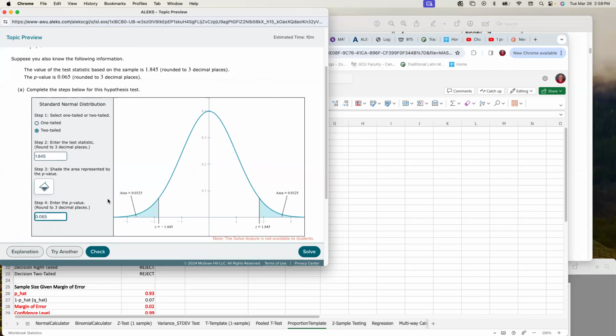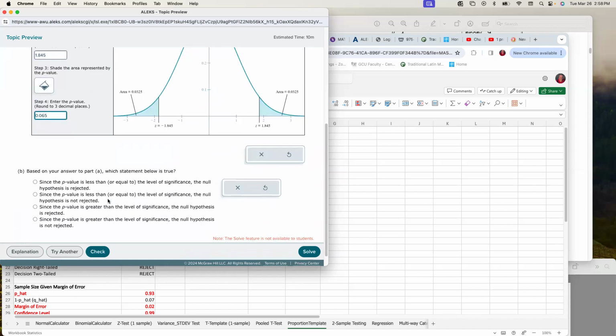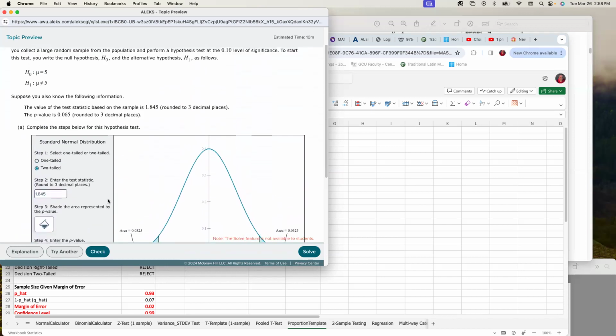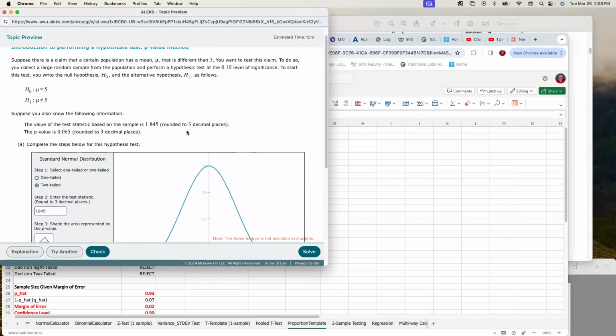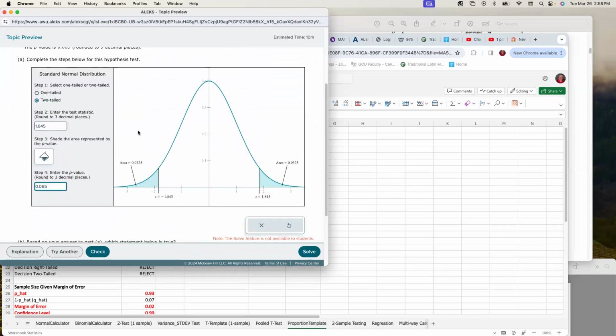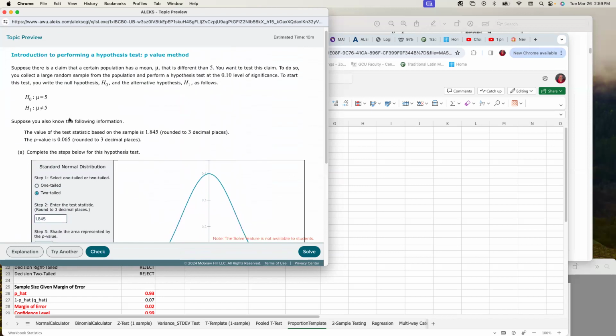I did the first part, A, and it says, based on this, which statement is true? Notice they give us an alpha level of 0.10. Since this p-value is less than that alpha, that would be enough evidence to reject the null and conclude that the true mean is not equal to 5.